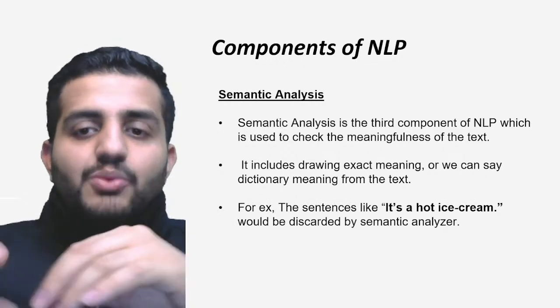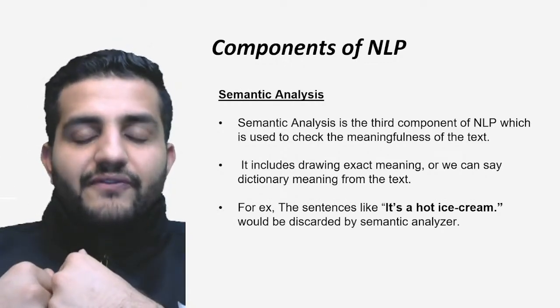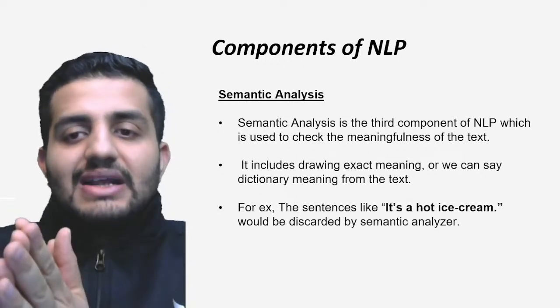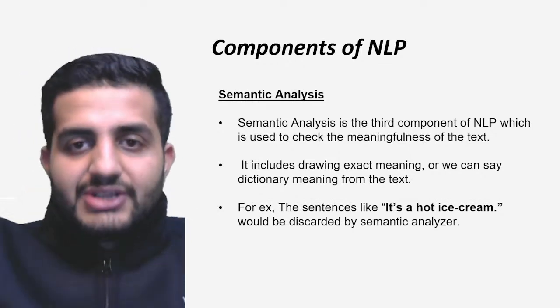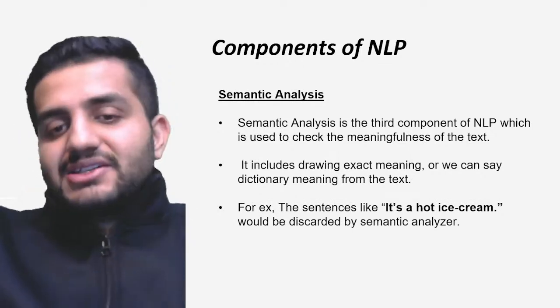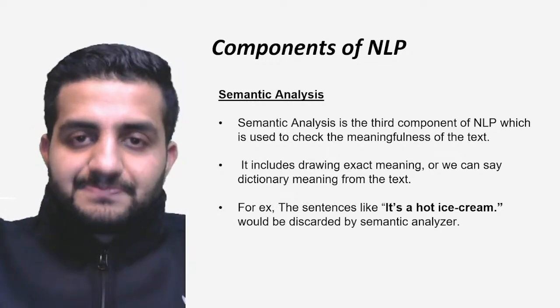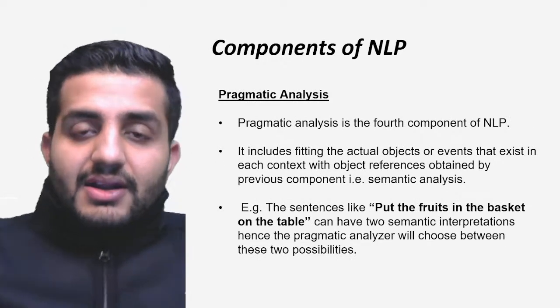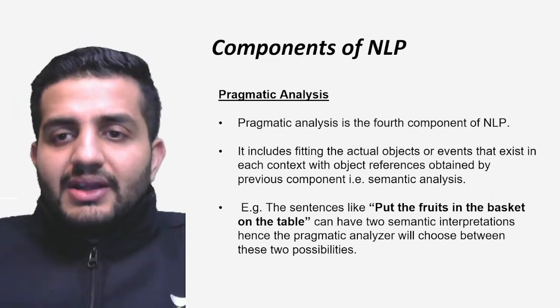Here it's about getting the meaningfulness of the sentences, getting the meaning out of your sentences. That's where semantic analysis comes into the picture. So if a sentence is like "it's a hot ice cream," it would definitely be rejected by a semantic analyzer, right? The last, the fourth component, is my pragmatic analysis.